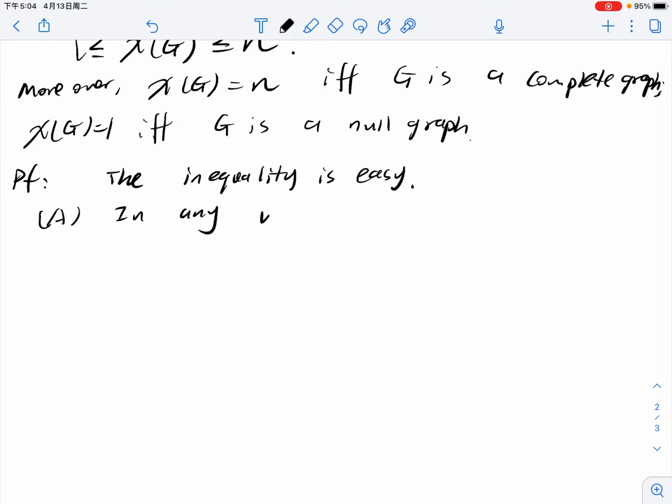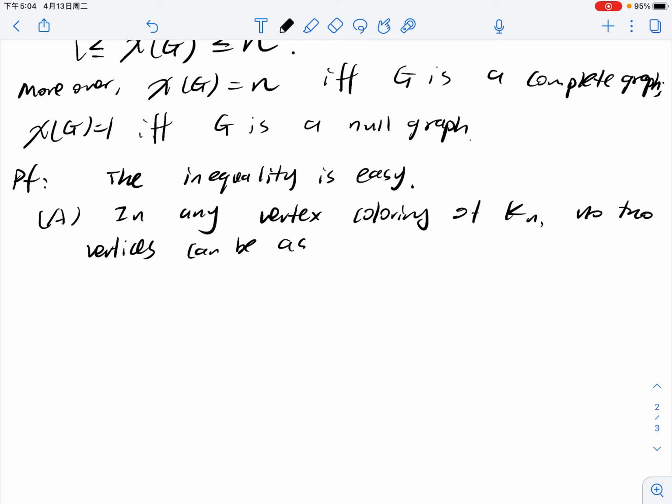So in any vertex coloring of Kn, no two vertices can be assigned the same color, because there's an edge between each pair of vertices. So hence, the chromatic number is n.